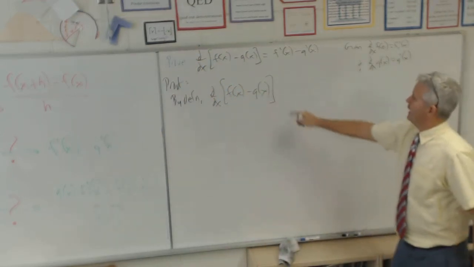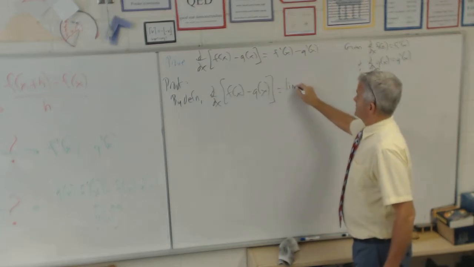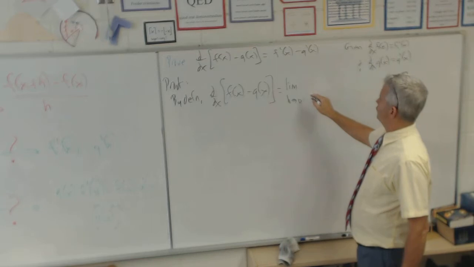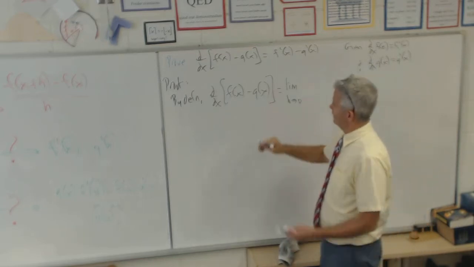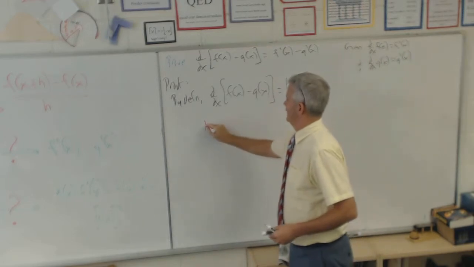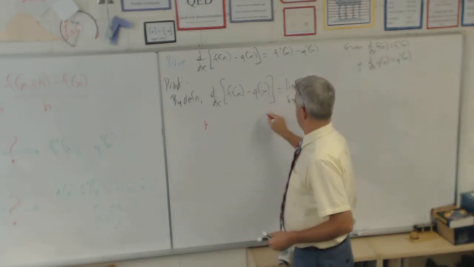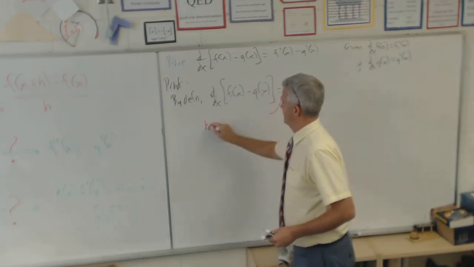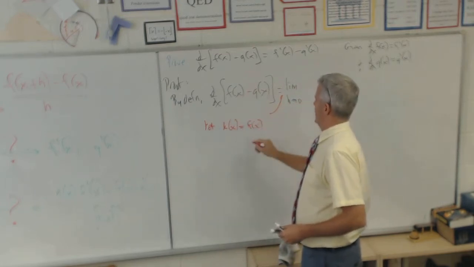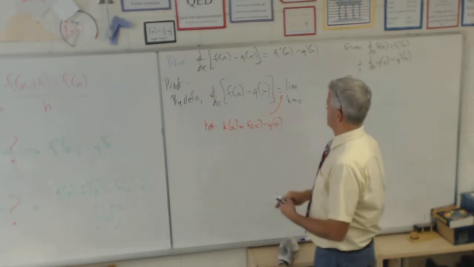All right? Is the limit, and there's other ways to define it, but the limit as h goes to 0 of, and I've got to do a little thing in here. I'm going to just make a note that I'll go with capital K of x is f of x minus g of x.